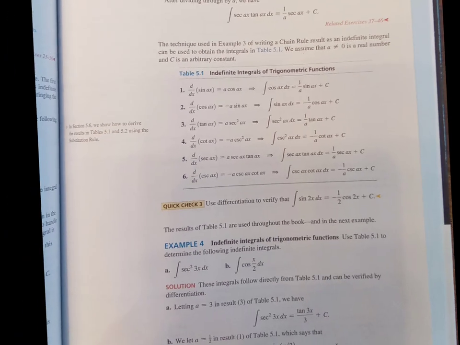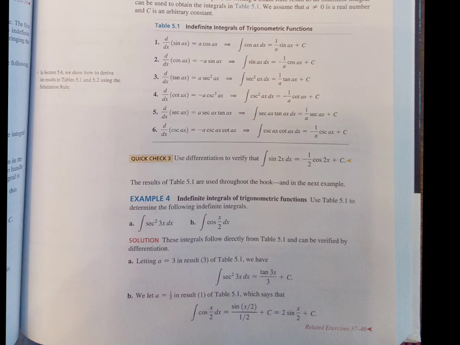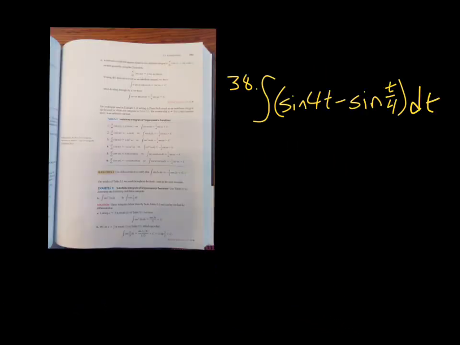And then they go through some examples. So I'll do one example here for you. Let's take a look at this one. Remember, you can break this up if you want. The idea is that we can just take the integral, or the antiderivative, of sine of 4t.